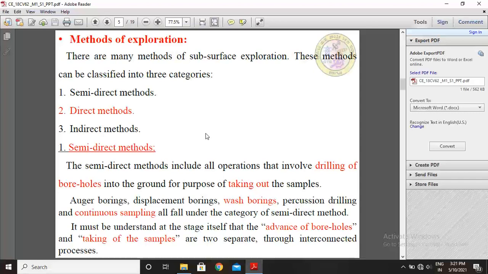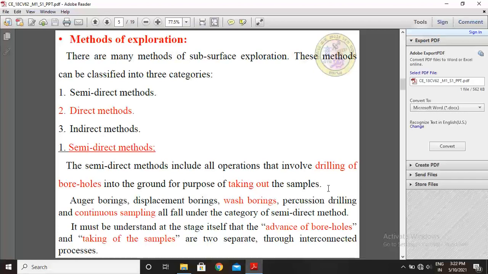Semi-direct methods I want to explain in detail. The semi-direct methods include all operations that involve drilling of boreholes into the ground for the purpose of taking out samples. To collect the sample from the boreholes, semi-direct methods are applied.